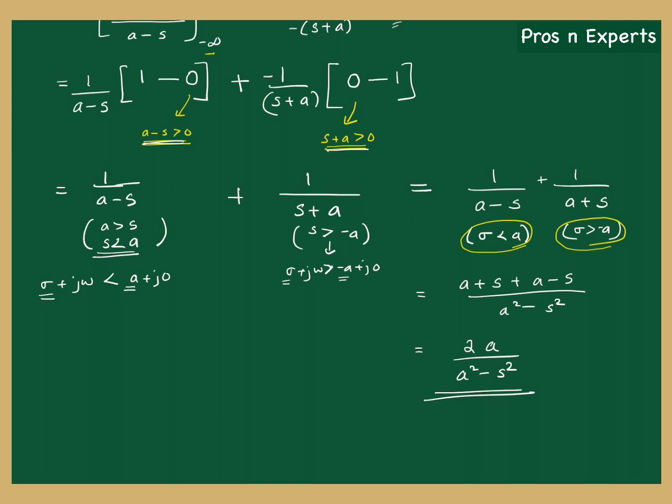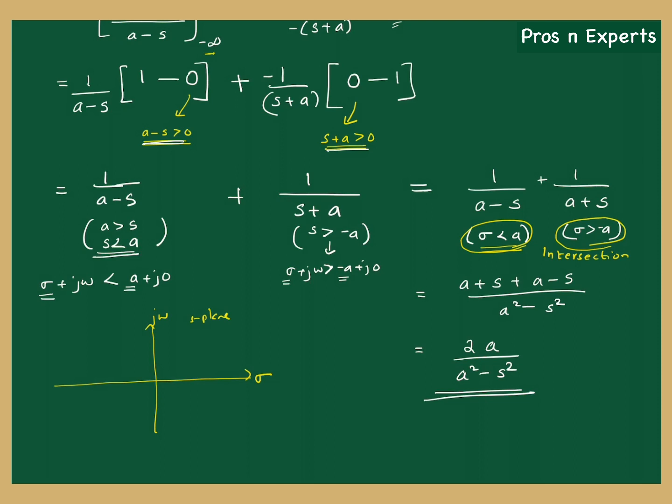So if you have two individual terms and two individual ROCs, what is the total ROC? The total ROC for the total signal should be the intersection of these two ROCs. Let's see what the intersection of these two ROCs will be. I can draw in a rough manner here. This is j omega, this is the S plane, and sigma is on the real axis.